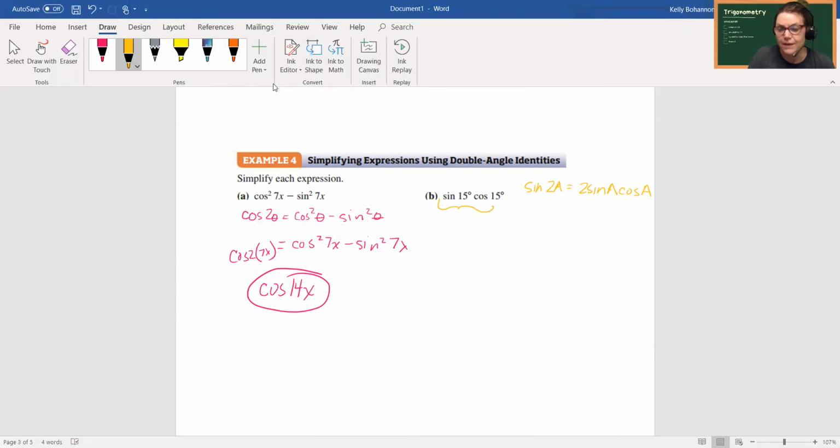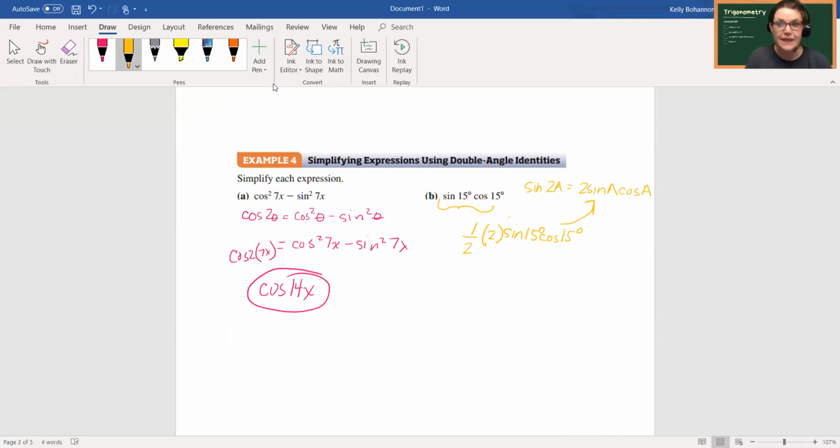So what I'm going to do is rewrite this as 1/2 times 2, because 1/2 times 2 is really 1. So that's there, but it's like it's not really there. So then I have sine 15 cosine 15. Now that makes this look like that.